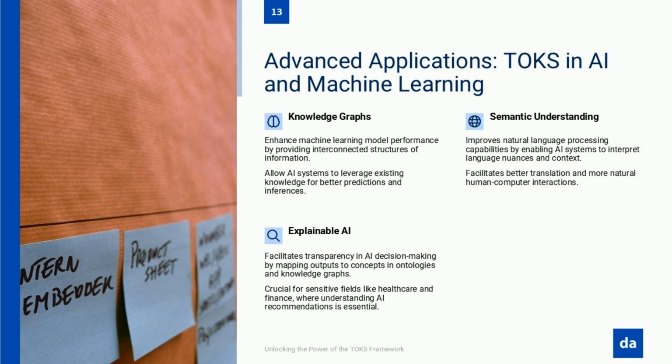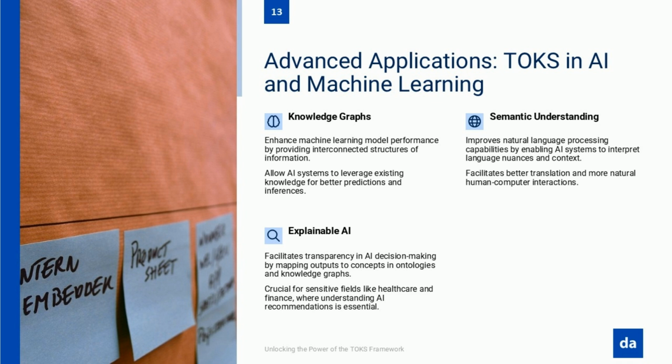machines. Knowledge graphs, a key component of TOKS, are transforming machine learning model performance. By providing a rich, interconnected structure of information, knowledge graphs allow AI systems to leverage pre-existing knowledge and relationships. This contextual understanding enables models to make more accurate predictions and inferences, even with limited training data.